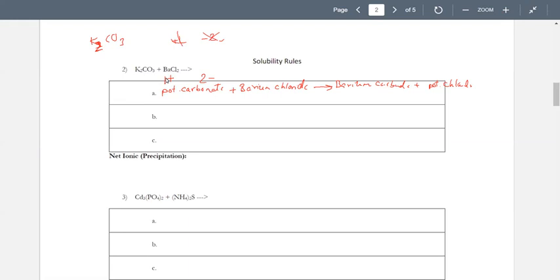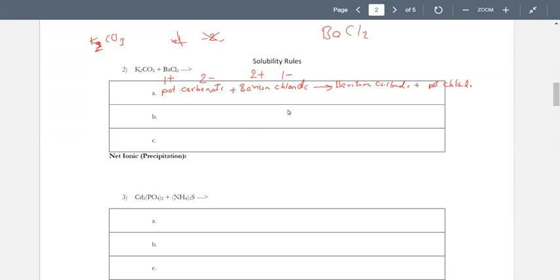What is the charge for barium and chloride? Barium is +1 or 2? 2. So if barium is +2, you have barium and chloride. So chlorine would be what? Because you know the crisscross method, it is -1.